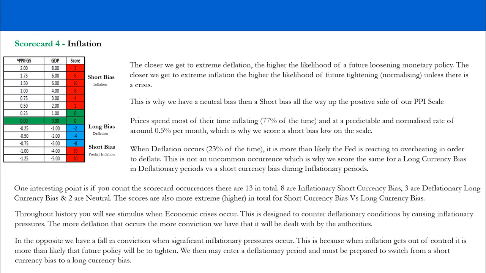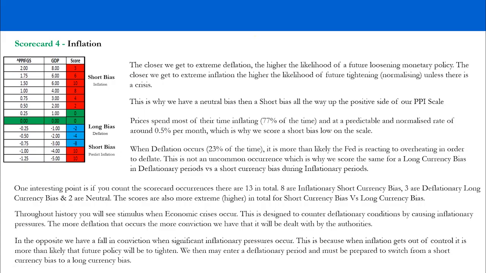And the closer we get to extreme inflation, the higher the likelihood of future tightening or normalizing, unless, of course, there's a crisis. And this is why, again, we have a neutral bias here, then a short bias all the way up the positive side of our PPI scale, but then diminishing in the extreme.